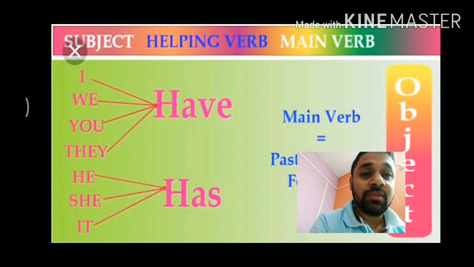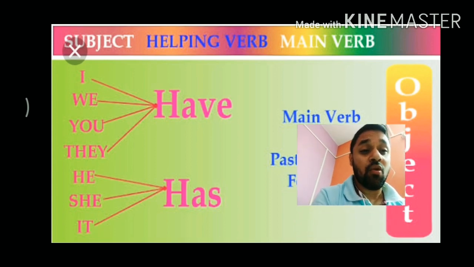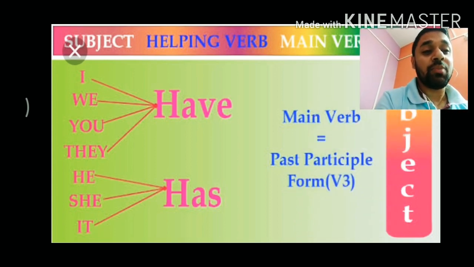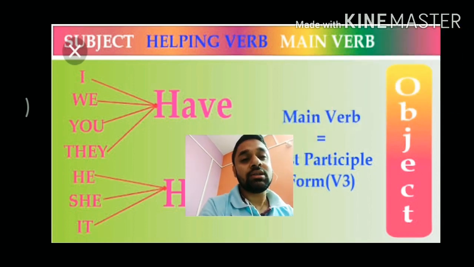First the subject, then the helping or auxiliary verb, and then the main verb, meaning the past participle form. See here, main verb equals past participle form or V3, both are the same, that's why it is given an equal sign. Either the main verb or the past participle form of the verb, and then the object.